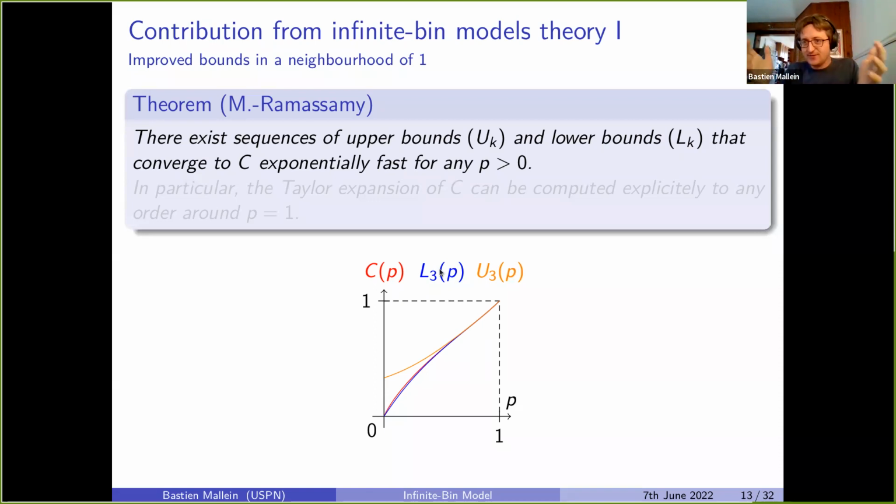But the problem is that to compute analytically the function L_k, we need to get the invariant measure of a Markov chain with on the order of 2 to the k states. So it's quite expensive, and I think we capped at L12. I might say something wrong, but I think we capped at L12.